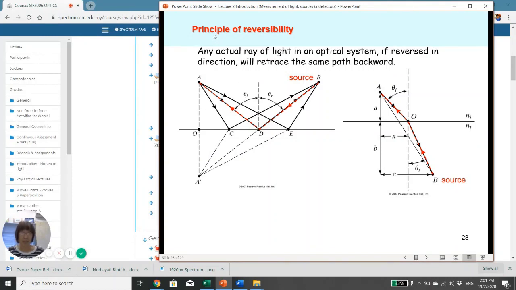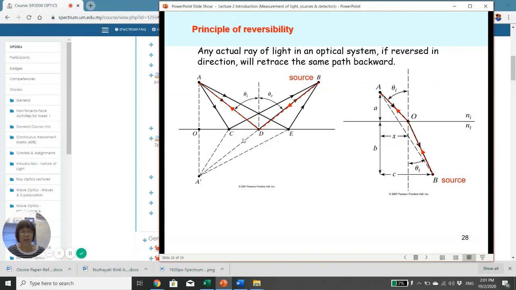Another thing we're going to learn here is the principle of reversibility. If you look at this diagram, something is not right with it. We should not have the ray ACB or the ray AEB. We should only have the ray ADB, because the others will not obey the law of reflection.